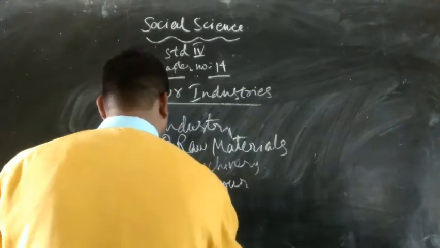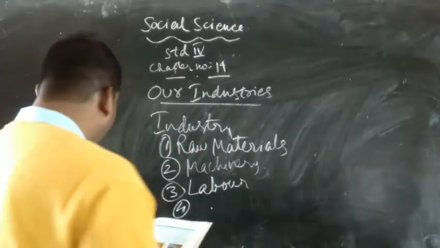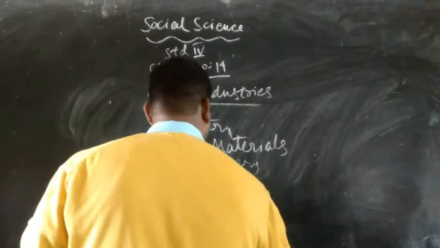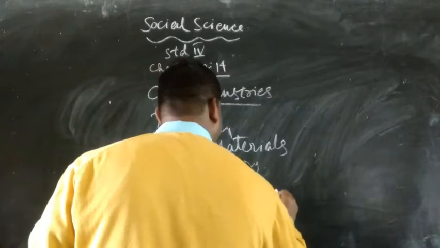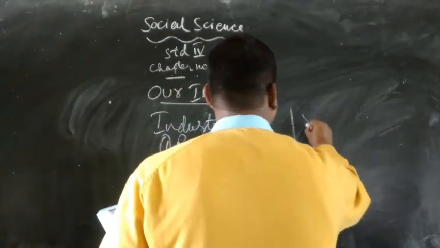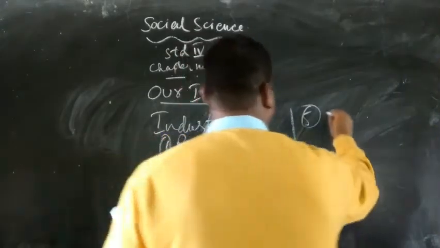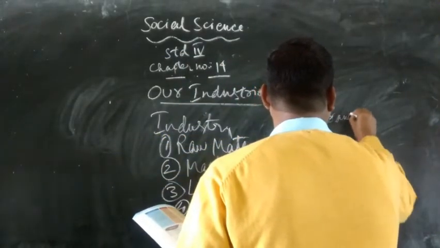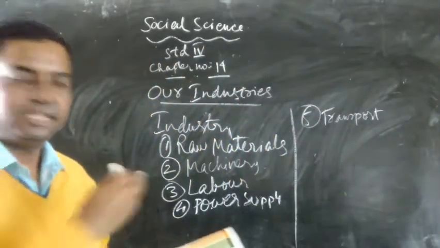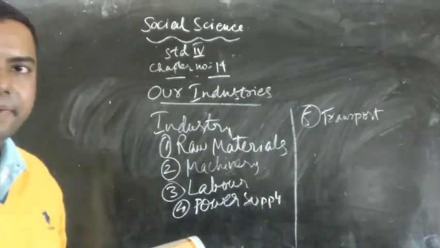The fourth is power supply, that is electricity. And the fifth is transport, that is when we ship the finished product from one place to another. These are the factors which are needed for setting up an industry.